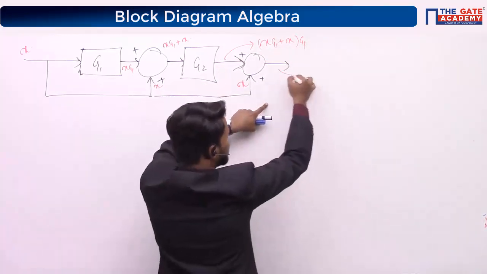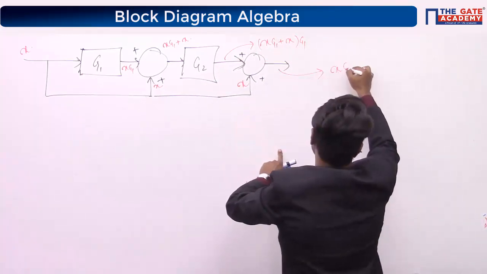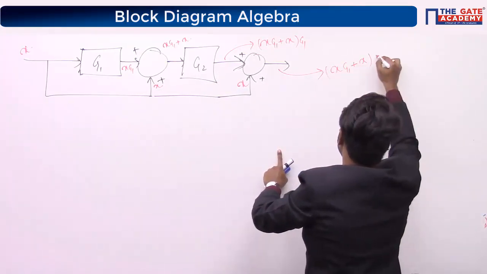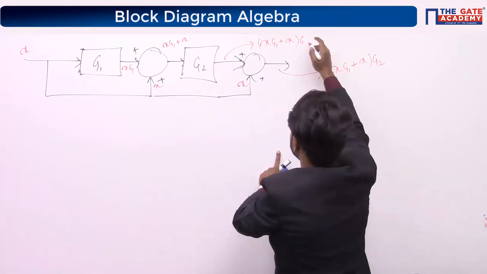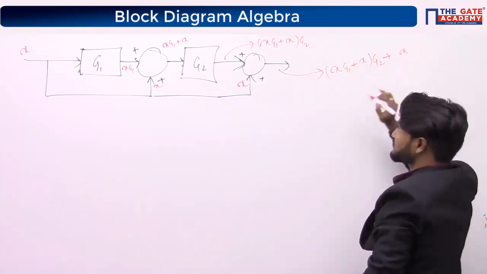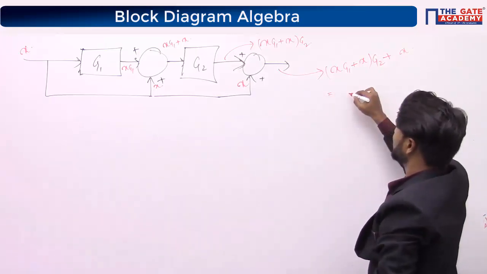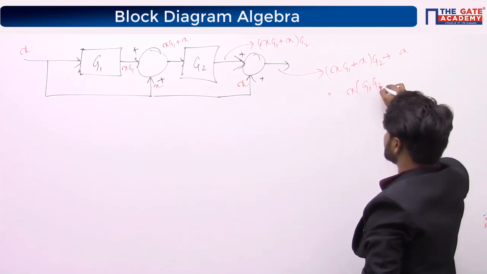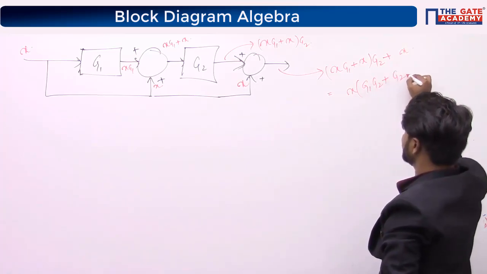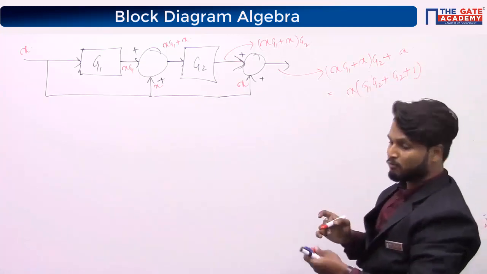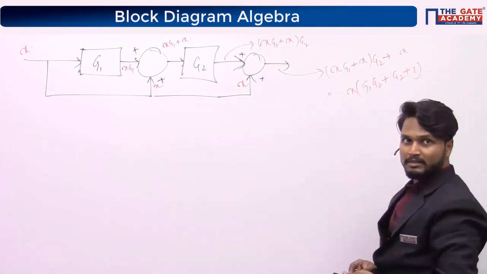So output at this stage is (X times G1 plus X) multiplied by G2, plus X. So this is equal to what? X times G1 G2 plus G2 plus 1. If you take this X to be common, it is G1 G2 plus G2 plus 1.